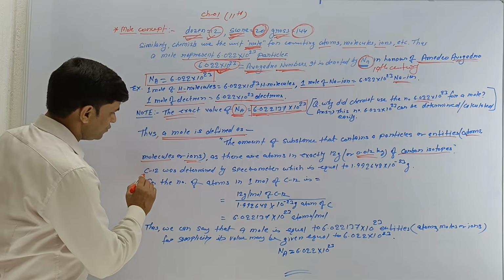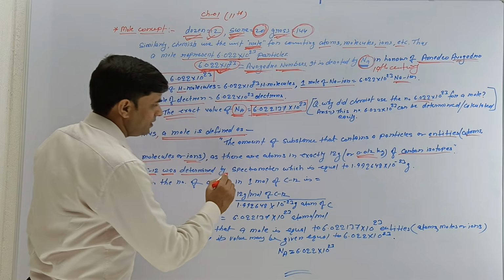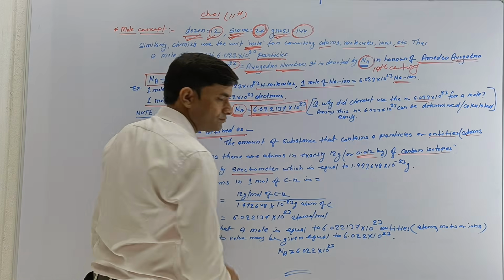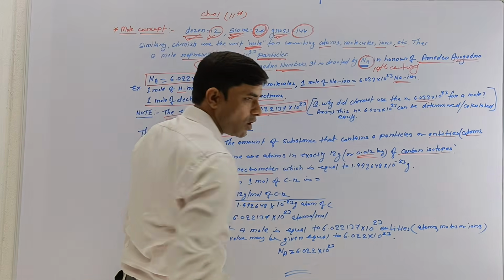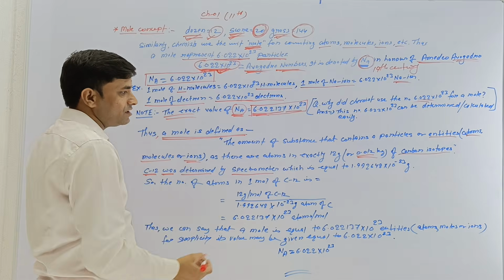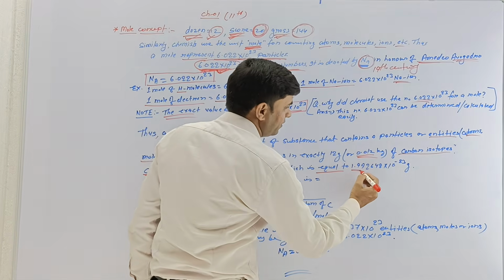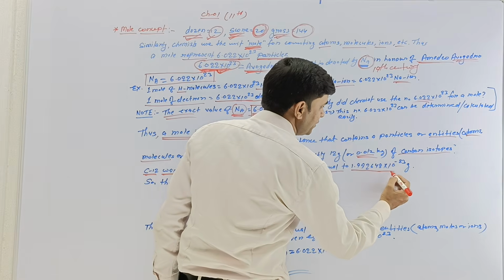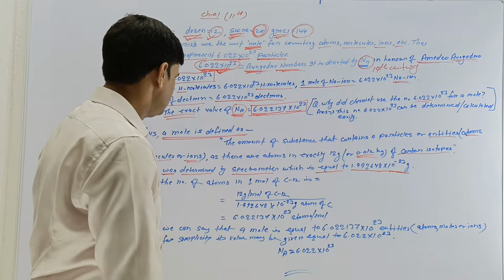The mass of a carbon-12 atom was determined by a spectrometer, which is equal to 1.992648 into 10 to the power minus 23 grams.